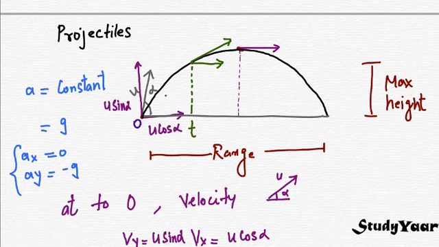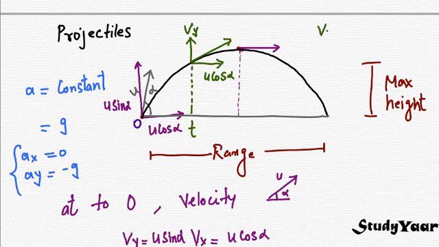Therefore, at any given instant, your vx is going to be u cos alpha. You have to find out what is vy.